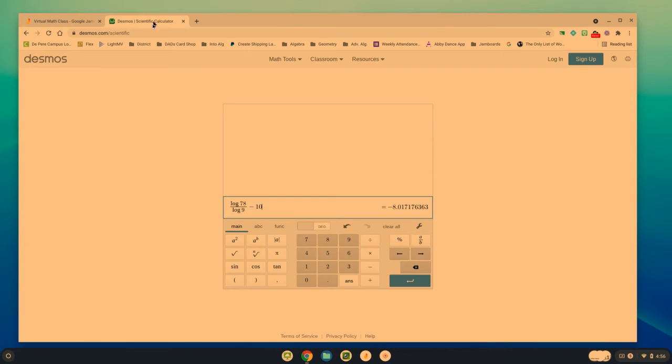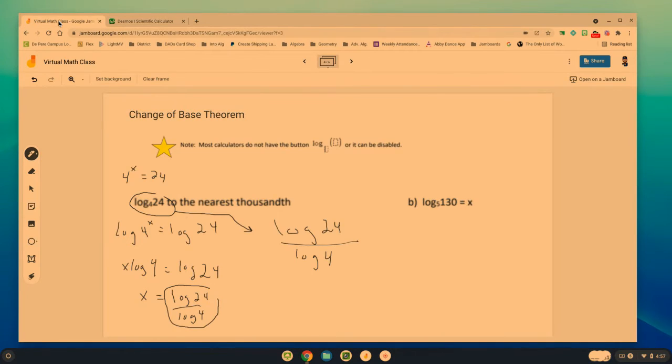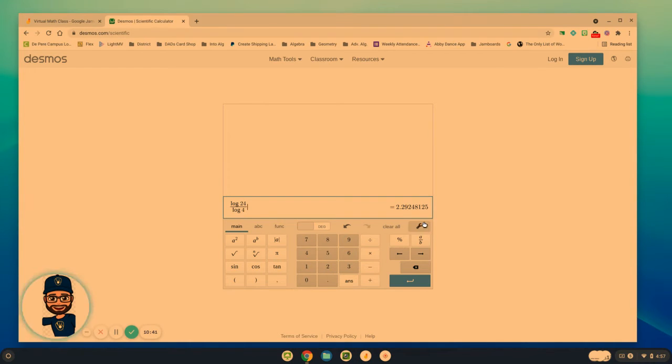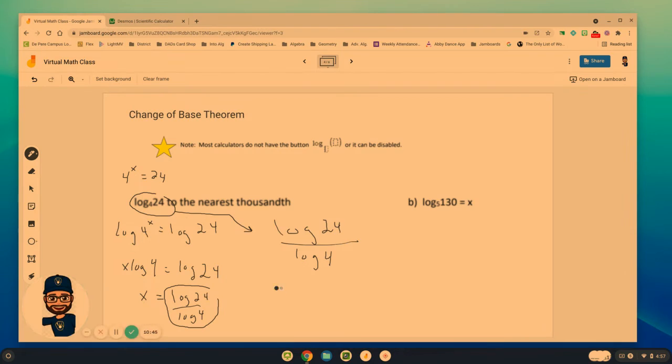So the log of 24 divided by the log of 4, to the nearest thousandth, so 3 decimals, is 2.292.